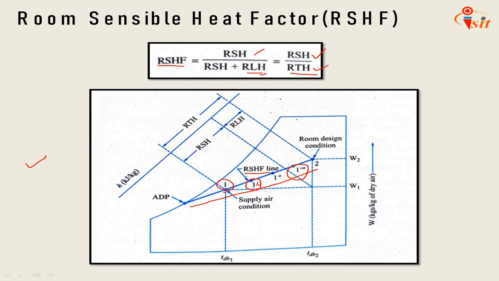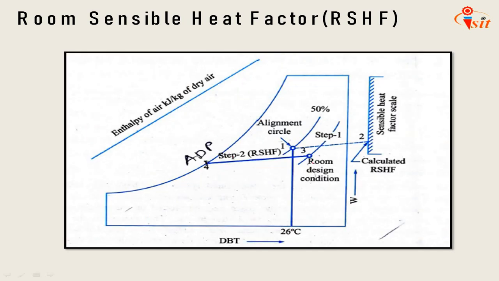Now when the supply air conditions are not known, which generally need to be found out, the RSHF line can be drawn from the calculated value of RSHF. In this figure, the calculated value of RSHF is shown on the sensible heat factor scale.